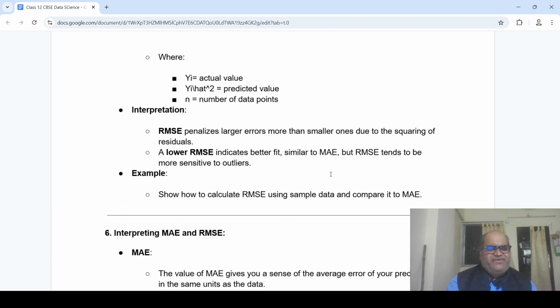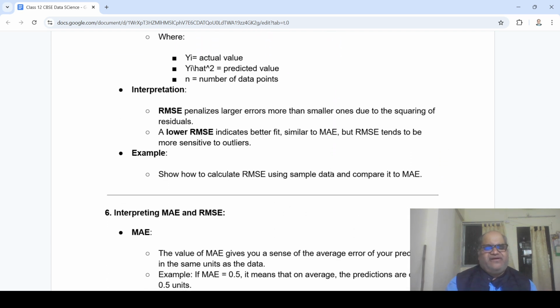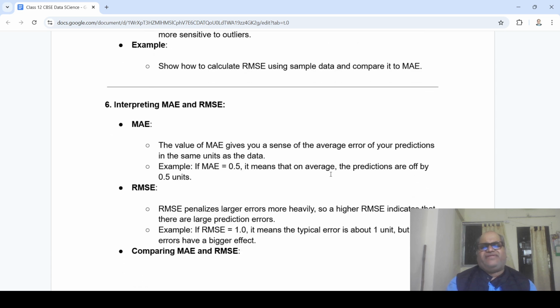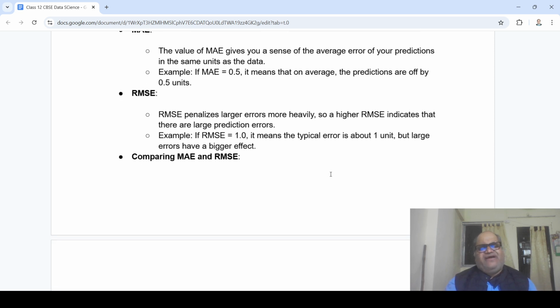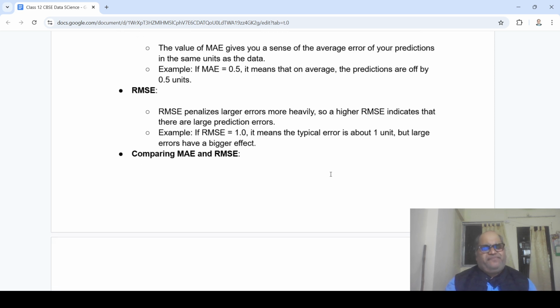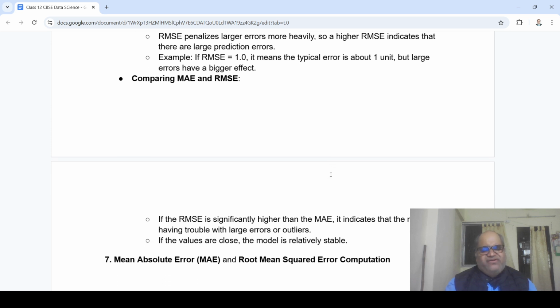This is important because some of your exam questions might be around that. So a very simple interpretation: the bigger the error, the bigger these MAE and RMSE values are, and from your modeling perspective, you will prefer the one which has lower numeric values.